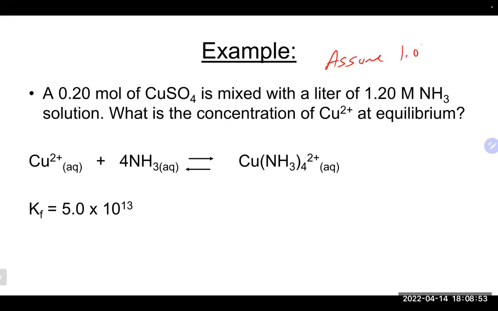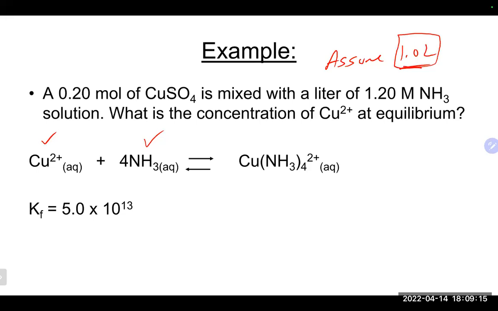Just to keep everything fairly simple here, we could set up a traditional ICE table. We want to figure out the initial concentrations of each of these species. Again, we're going to assume 1 liter, which is not always the case, just to keep the numbers easy.